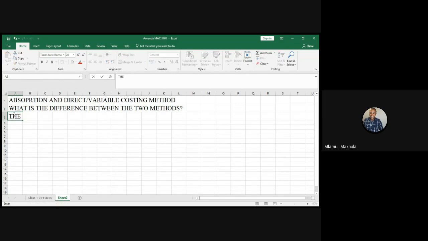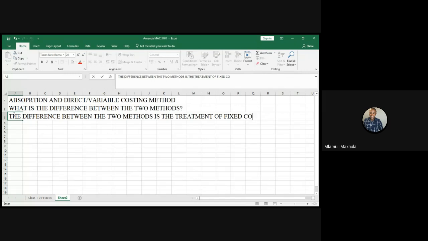The difference between the two methods is the treatment of fixed manufacturing costs. That is the difference between the two methods.